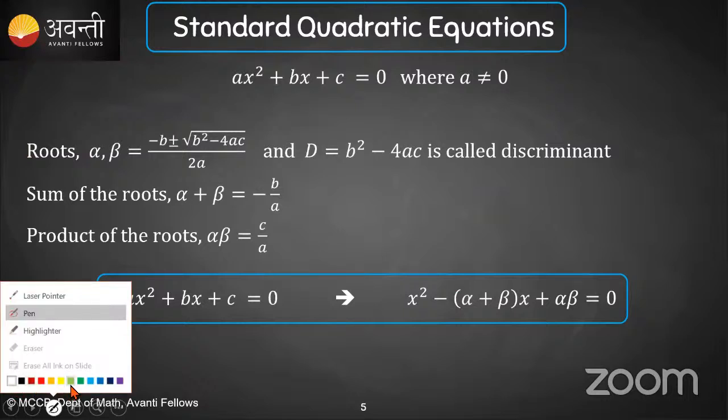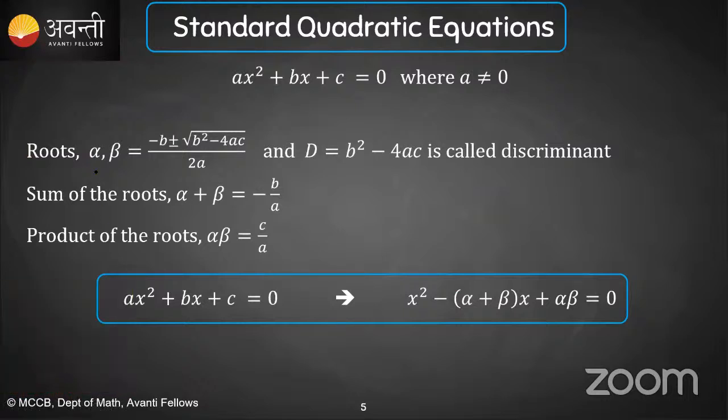See here. Everybody pay attention here. So far alpha beta are this. D is b square minus 4ac. Sum of root, what did we get? Minus b by a. Product of root c by a. Okay. So see student, now ax square plus bx plus c is equal to 0 can also be written in the form of x square minus alpha plus beta into x plus alpha beta.